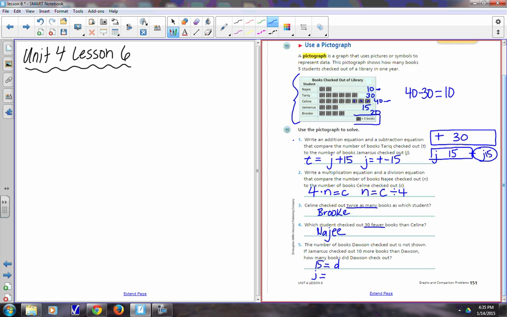Dawson is what we don't know, plus 10. So we know if we do the inverse operation, we can figure out how many Dawson checked out. That will be your first question on the form. Hopefully you're able to figure that one out.